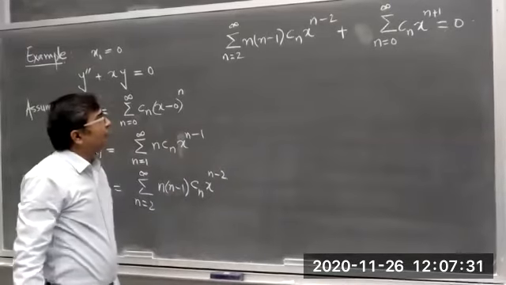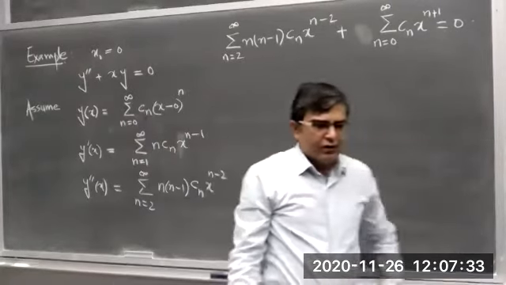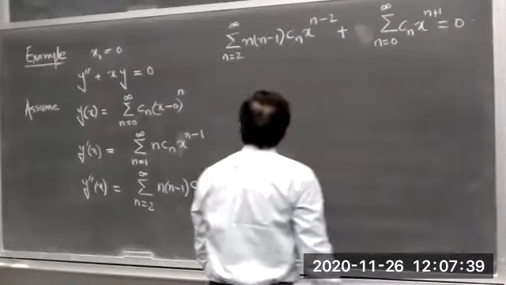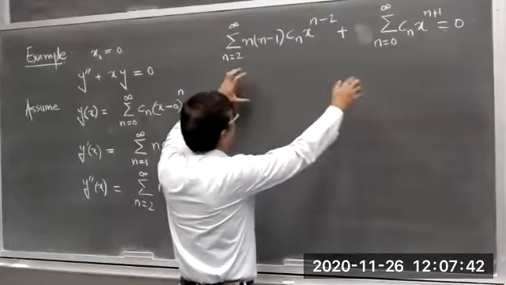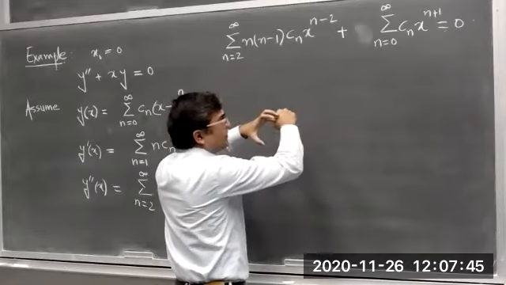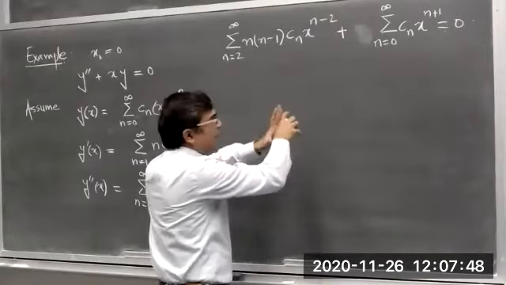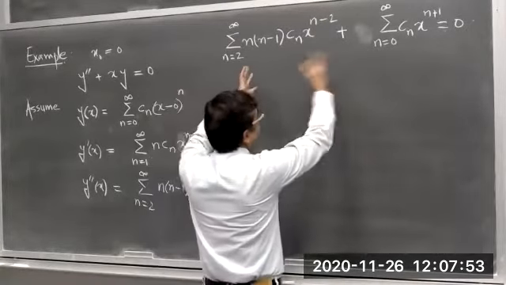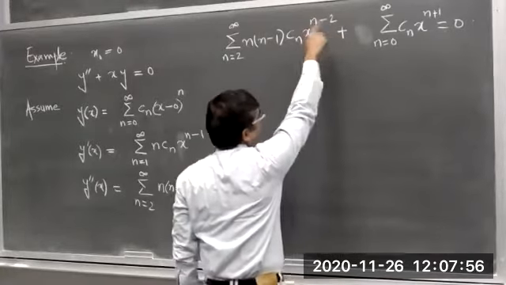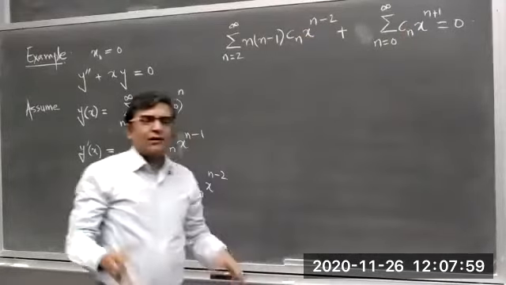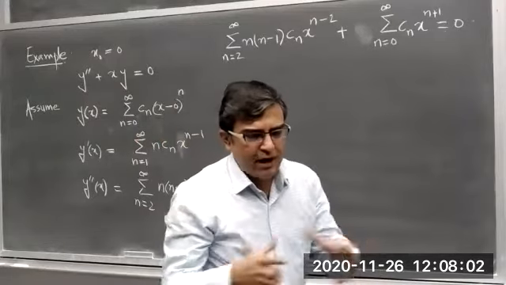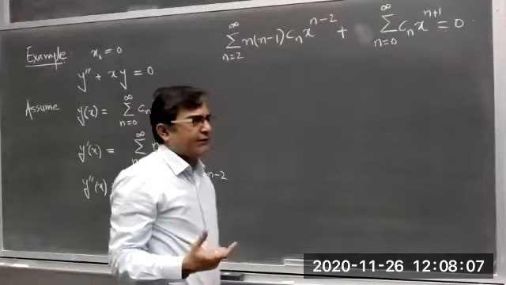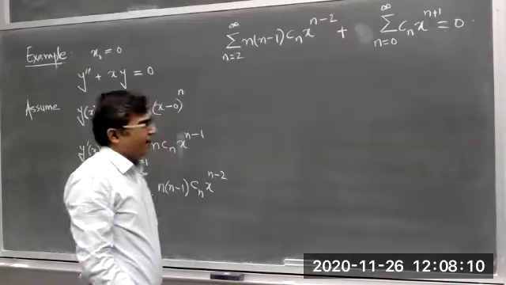Okay. Now here we need to find the constants Cn, and for that we need to take the summations common. We have to combine these two series. How do we combine them? We need to take a common summation term and the x powers term, so that the remaining terms can be combined, and we can obtain some kind of relation which can give us the values of the unknown constants Cn.